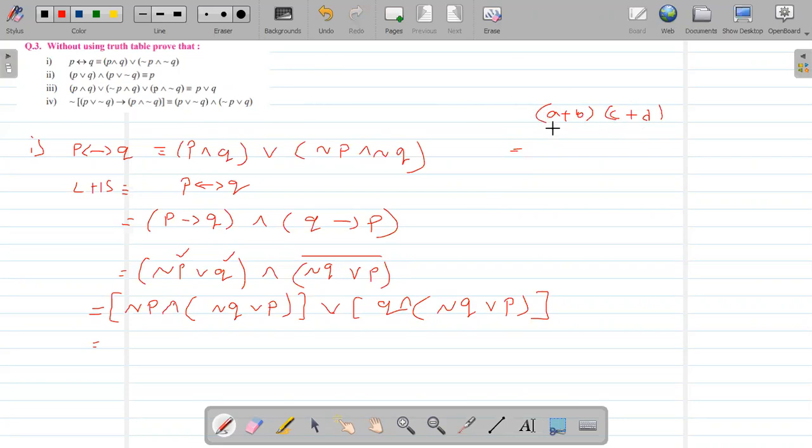First, you multiply A with the entire bracket, and then you multiply B with the entire bracket. This is how you used to do it in algebra, right? So I perform the same thing here also. I multiply this negation P with this entire bracket, and in the next step, I multiply this Q with this entire bracket. Nothing new. Got it? Okay, very good.